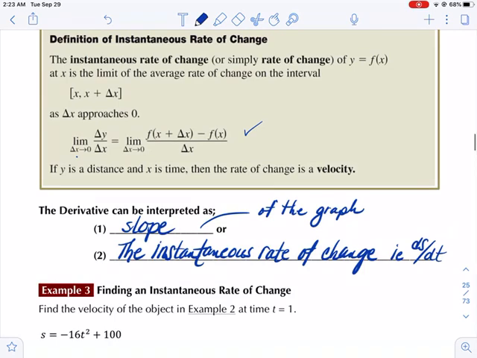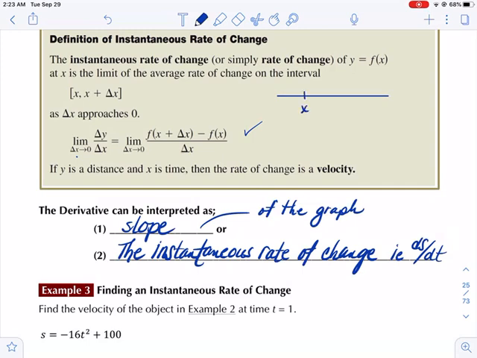We have the instantaneous rate of change, or simply rate of change of y equal to f of x at x, is the limit of the average rate of change on the interval from x to x plus delta x. And remember, that's just like saying if the limit was going from 2 to 5, those are x values. We're just saying that there's an x value somewhere on a number line, picture it.